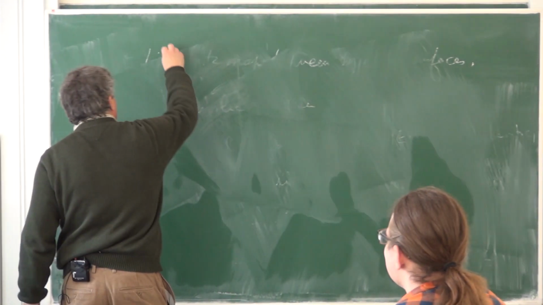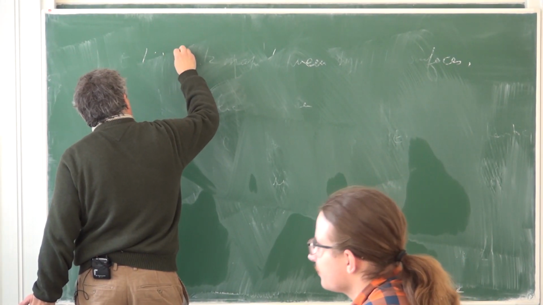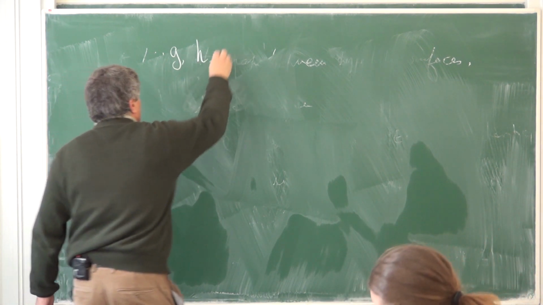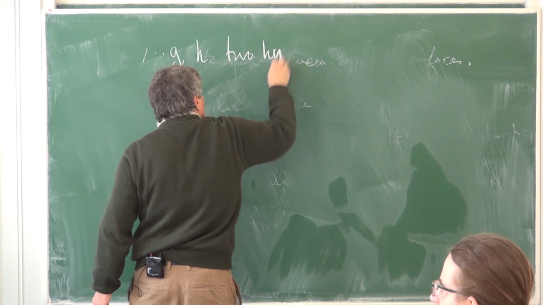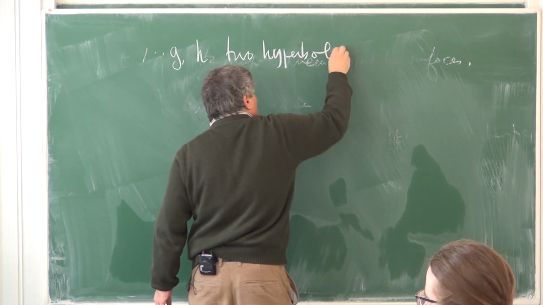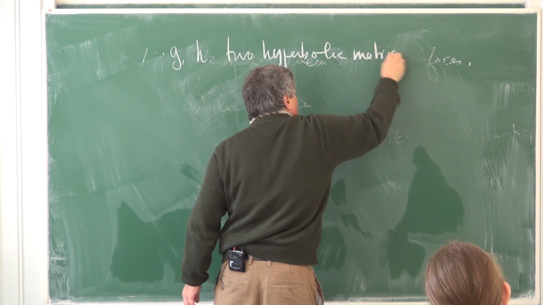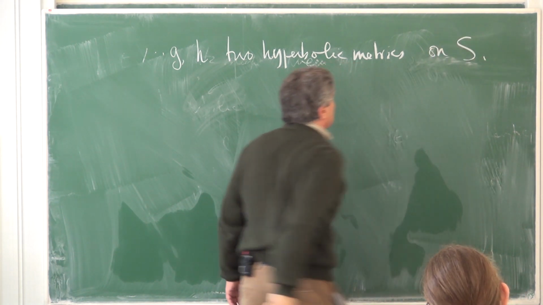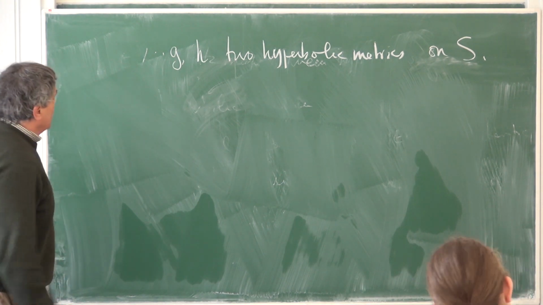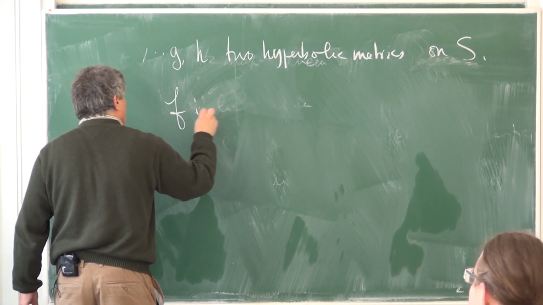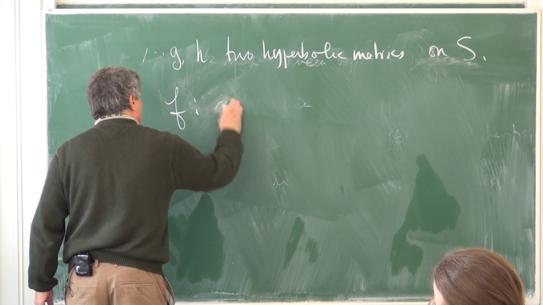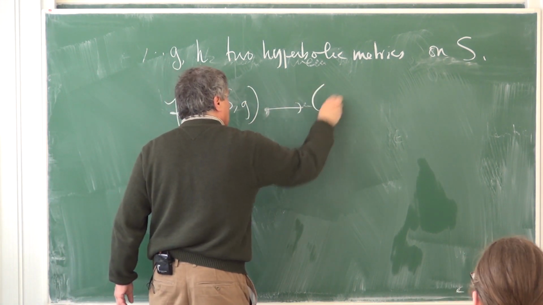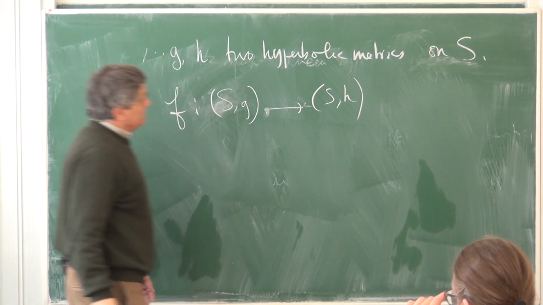So first, we have G and H, two hyperbolic metrics on S, and then we can take f from S_G to S_H.